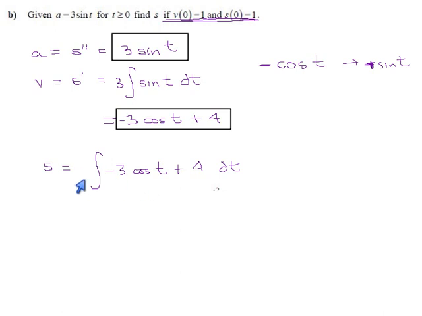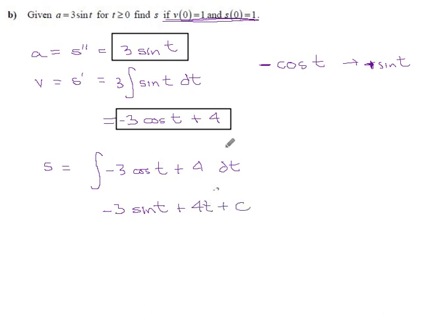Here I didn't take the -3 outside because then it would look like it applied to both of these terms, and that's not really true, and I'm not real excited about having brackets inside my integrals if I can help it, so we'll just leave it in this term. So what has the derivative cosine t? That's just sine t. That part's not too bad. We get -3 sine t is the antiderivative of that term. The antiderivative of 4 is 4t.